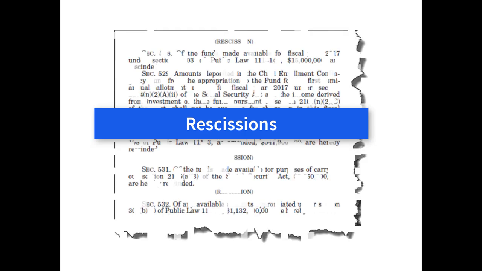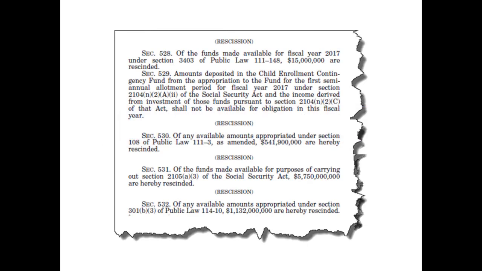Rescissions. Rescissions also require an agency request. Again, Treasury cannot keep up with all enacted rescissions. Many appear in general provisions of appropriation acts, like these examples, and simply refer to amounts appropriated in a particular statutory reference.